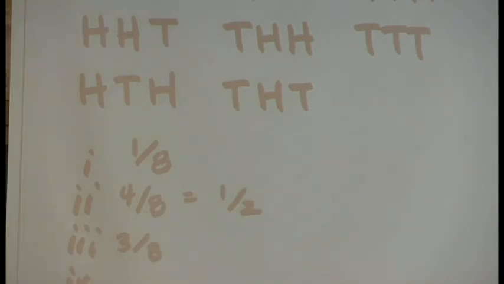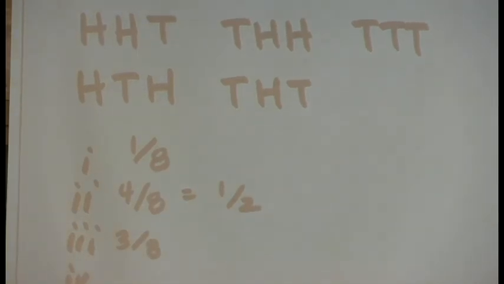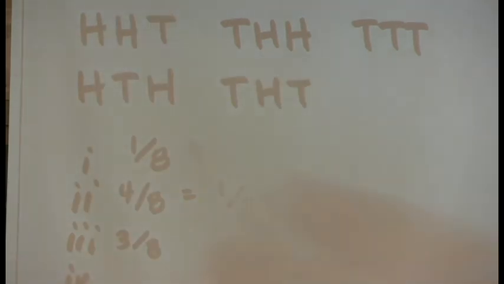Those of you that didn't even copy down the diagram, you're super lame. Number 4, at least 1 tail. 7 out of 8, right? This is the only one that doesn't have at least 1 tail. So almost all of them, 7 out of 8, would be at least 1 tail. Number 5, exactly 2 tails.